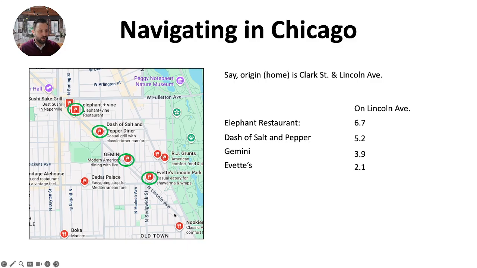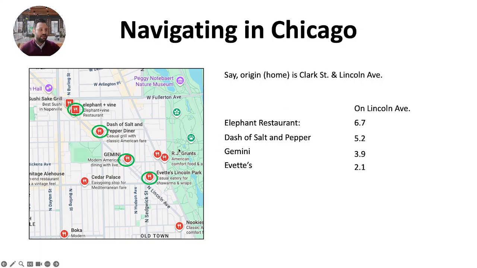So to go to Elephant Restaurant, I need to go 6.7 miles in that direction on Lincoln Avenue. So that's what I know. I start by introducing my direction, which is my basis, and my points can be constructed using my basis. You see how I'm changing basis right now, from the standard basis of north-west to east-south, and I'm now using Lincoln Avenue as my basis, right?